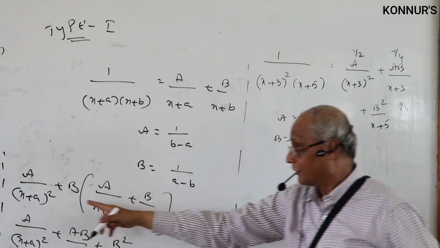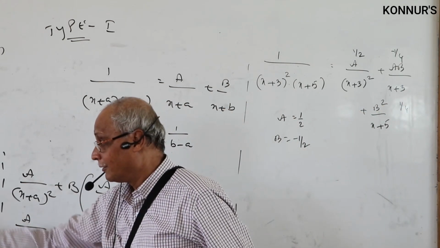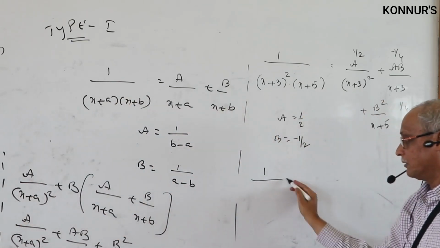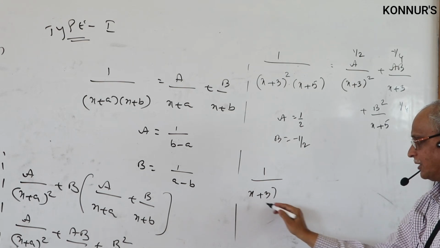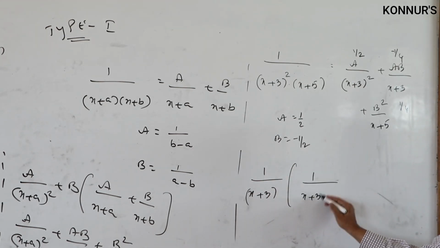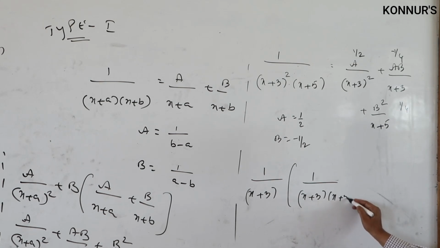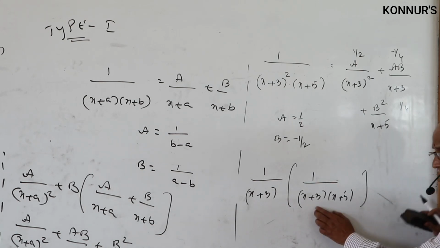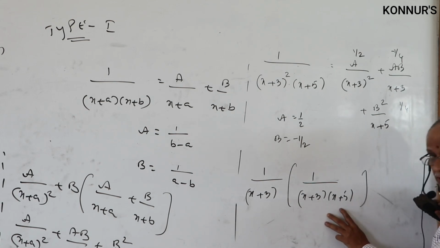How did you get A and B? This only. One is outside. To understand, one step I write here. I take one outside. What is inside? (x + 3) into (x + 5). Already I gave you type 1. How to write the answer? What is the type 1 answer? When there are 2 linear factors, which is small, which is big? We know.